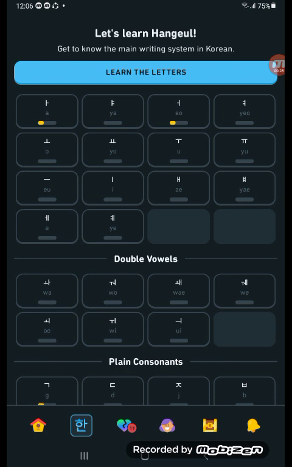But it needs to be attached to another alphabet, to Filipino, so that the Filipino will be attached to Hangul, to South Korea. So let's get started and learn the letters.